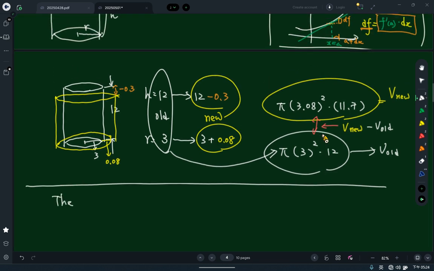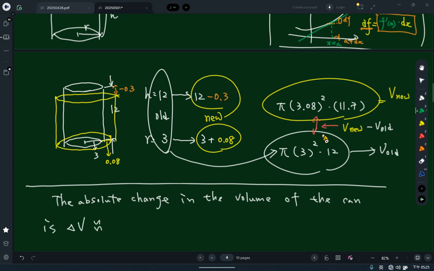The absolute change in the volume of the can is almost calculated as dV. dV means the change from the old one to the new one.